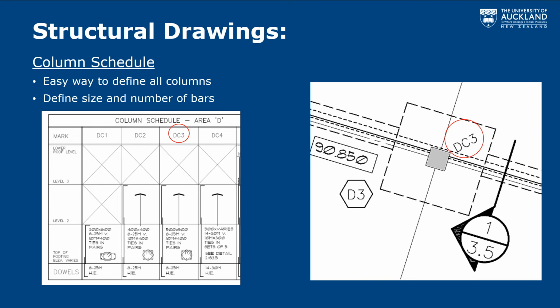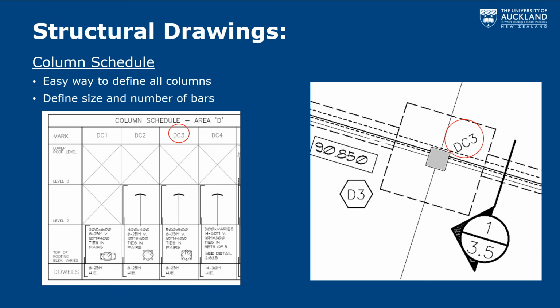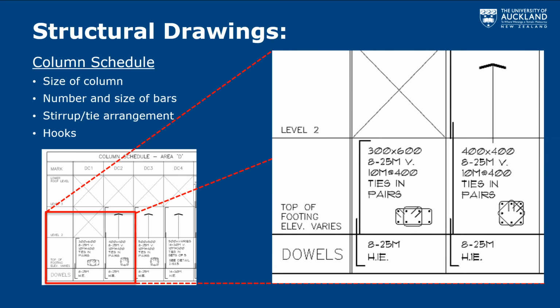Similarly with the column schedule, it's the same location on the plan where previously we were looking at footing D3. Now we're looking at column DC3, and it's going to show the major information which we need out of the column. Such things as what the size of the column is, whether it's going to be a 400 by 400, and the longitudinal reinforcement, so the bars which run along the length of the column.